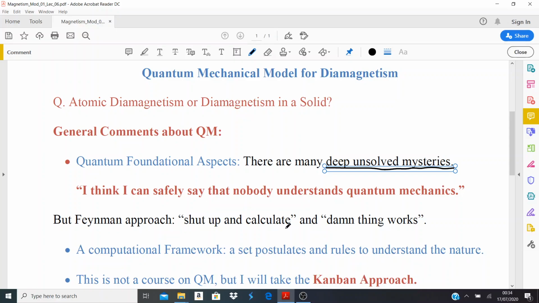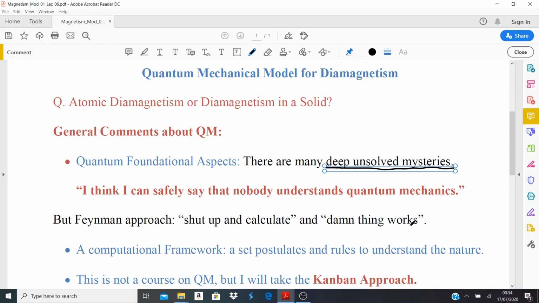He was saying, okay, if you don't understand this deep thing, let's try to calculate something and compare the results of your calculation with the experimental data. And the surprising thing is that the damn thing works pretty well. So the quantum mechanics framework works really well in explaining the experimental data.